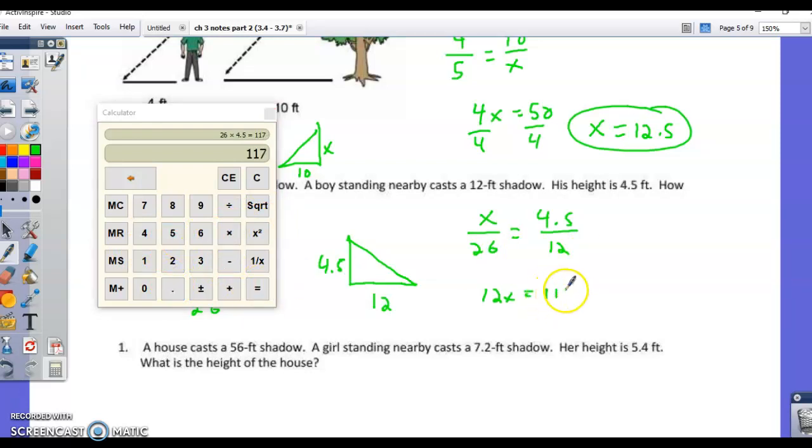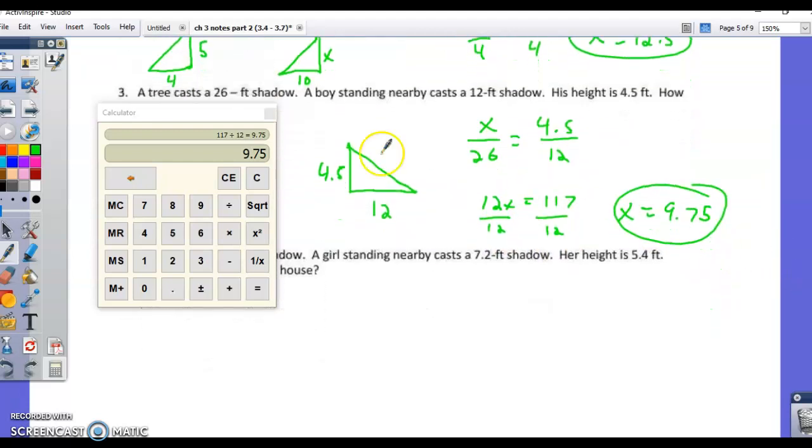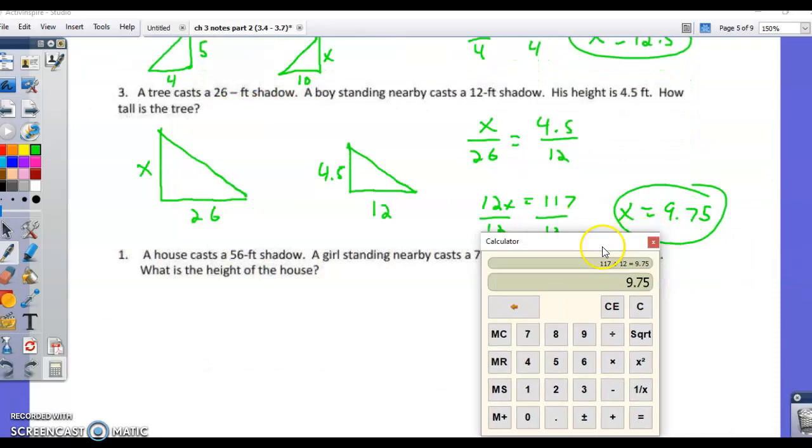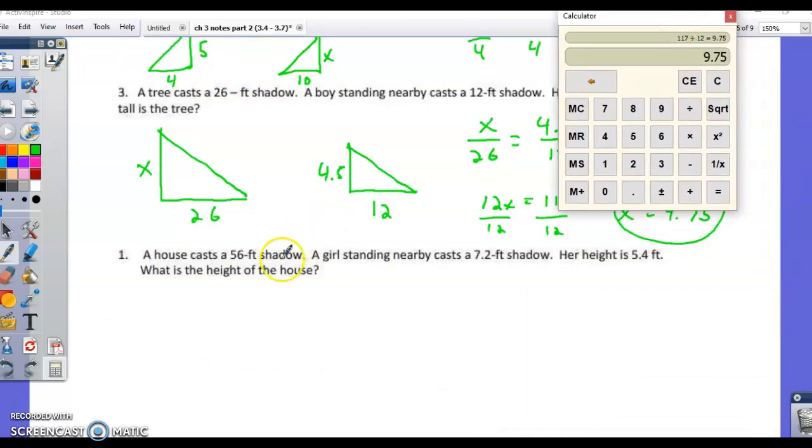Gives me 117. Divide that by 12. X equals 9.75. So that's the height of the tree. So again, same type of problem, setting it up.